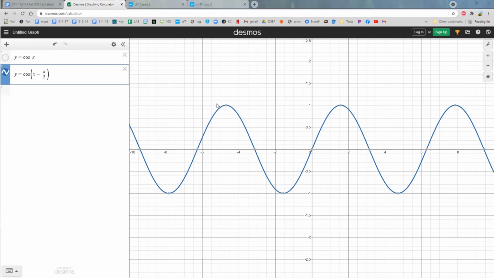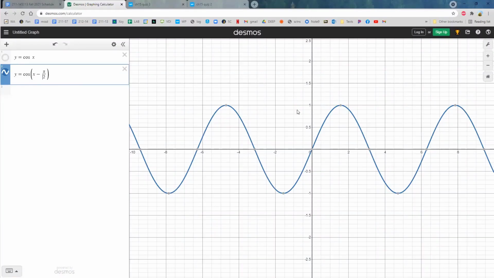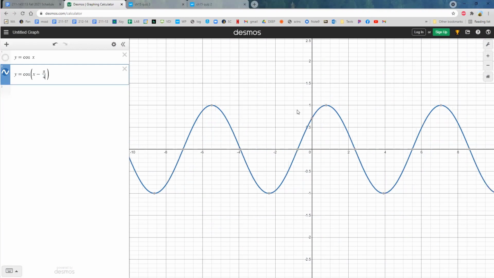For our problem here, the phase angle is pi over 4, which is 45 degrees. So we have a phase shift of 45 degrees. Let's just get a visual on that one more time. I don't know if it's forward or backwards, but I do know it's pi over 4. There it is. So notice that here's my unshifted cosine function.